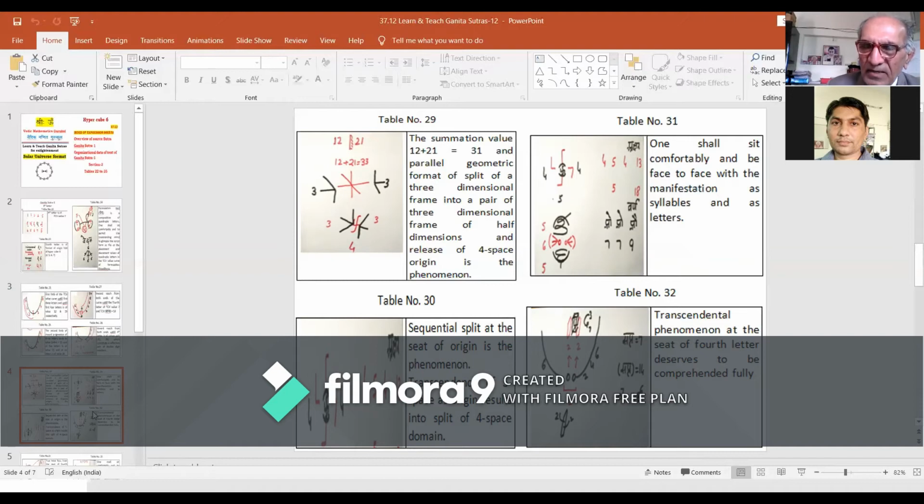This phenomenon of transcendence of a creative origin and the split of a three-dimensional frame into a pair of three-dimensional frames of half dimensions is of unique features.